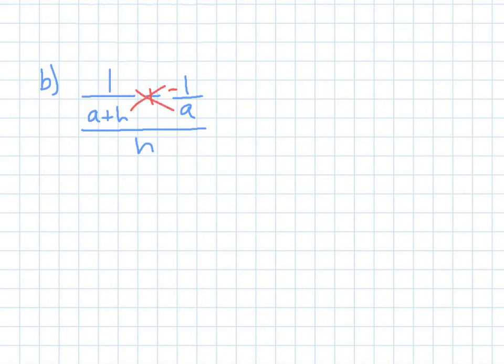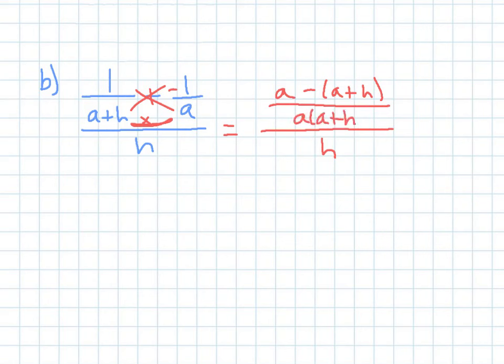So cross multiply and multiply your denominators to each other. So 1 times a gets you a, plus h times negative 1 gets you negative a plus h, and then a plus h is multiplied to a for our denominator.